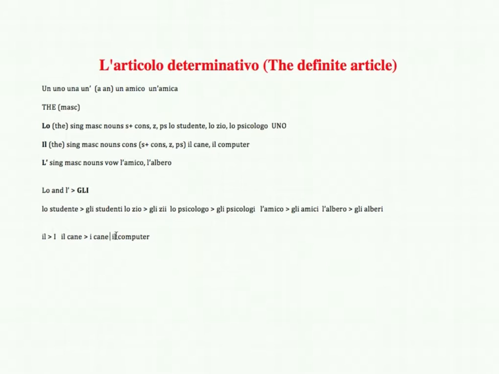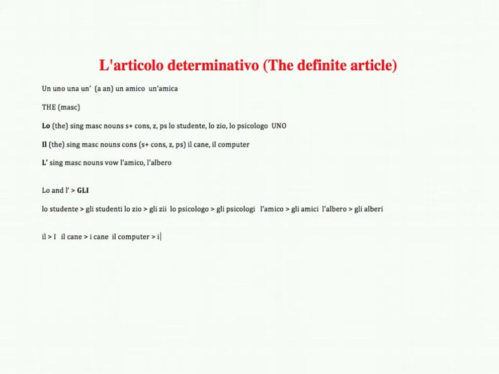Same thing you will do with a computer. Il computer. Now you want to say the computers. And so il becomes i. And I can change it to a small letter. And the plural of computer, you know you have studied this in the previous lecture.